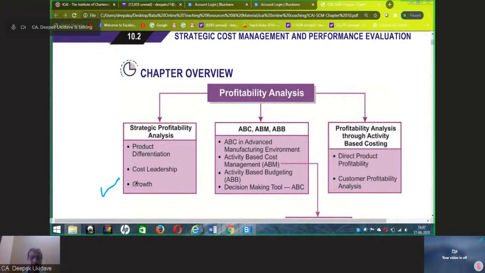So the number of units sold or volume of output, volume of sales, increases because of overall increase in the market size. That is what growth is. Every parameter can be further analyzed in terms of cost and revenue, also cost and profit. So you have the growth parameter also expressed in terms of cost and in terms of profit.